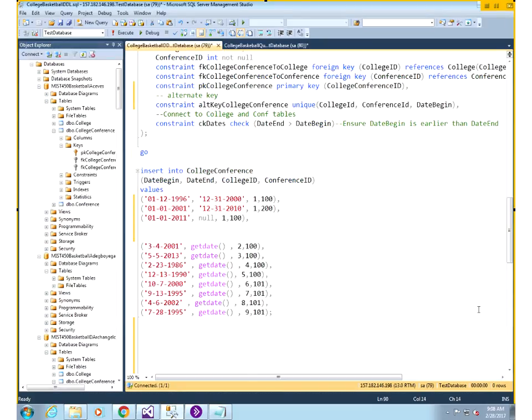Okay, the same concept for the others. So are these all different teams?